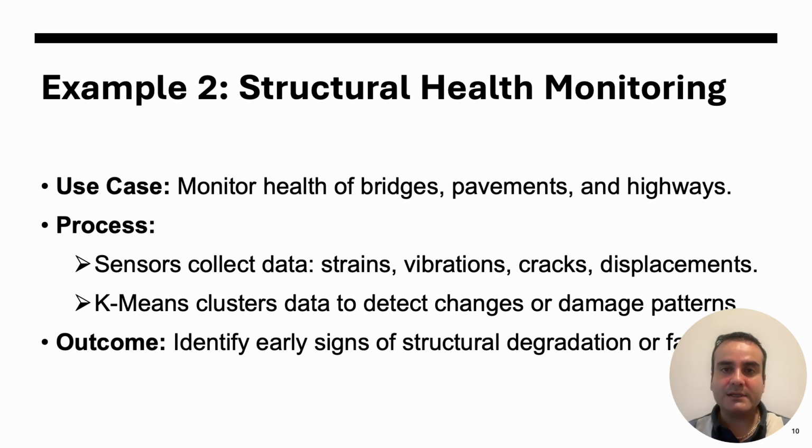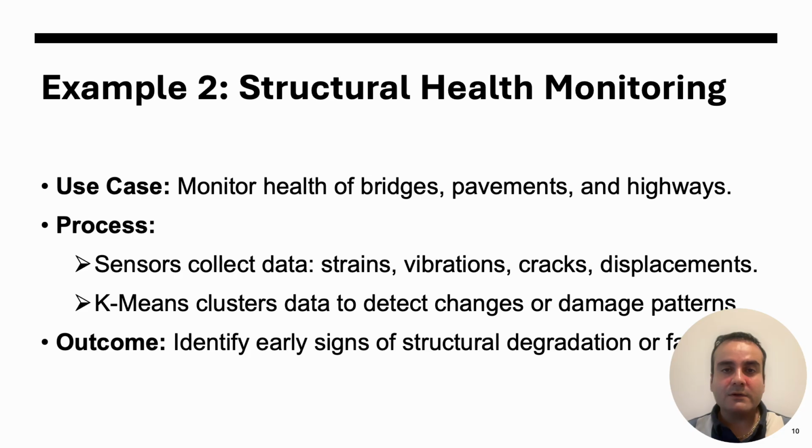Using k-means clustering, we can group normal behavior patterns separately from abnormal or suspicious behavior. A sudden shift of sensor readings into a new cluster might indicate emerging cracks, corrosion, settlement, or load issues, allowing for early repairs before catastrophic failures.